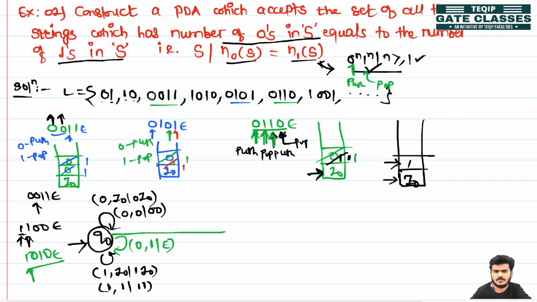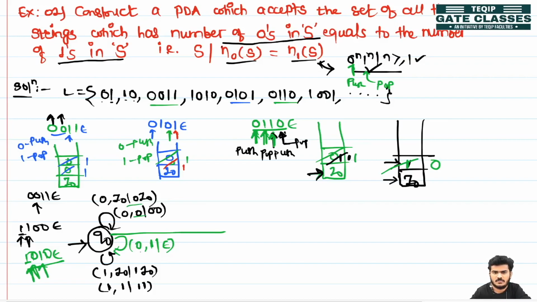For this one I have pushed into the stack, and once 0 came, I popped it. Now the next step, again 1 came, and for popping, if I had changed the state, then again I would have to write the same transition there. So that's why I am not changing the state.